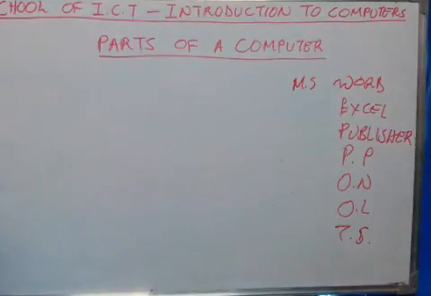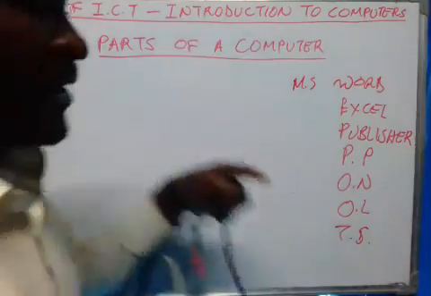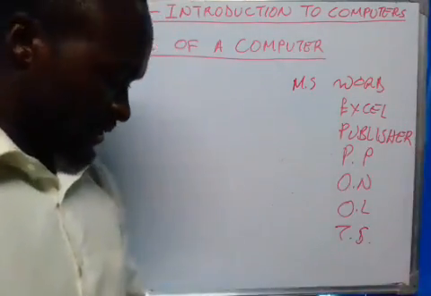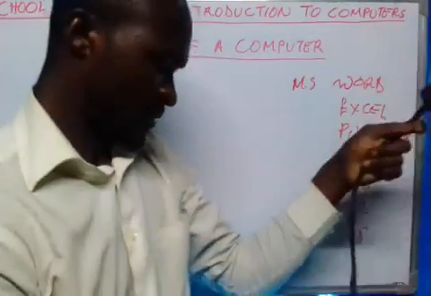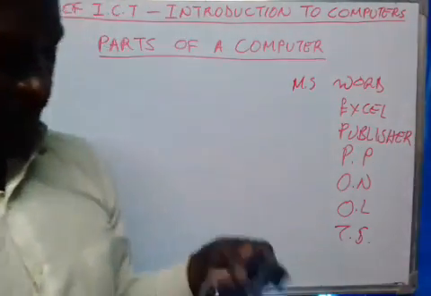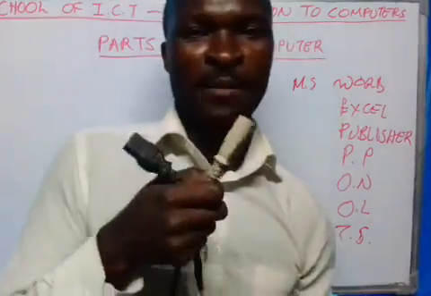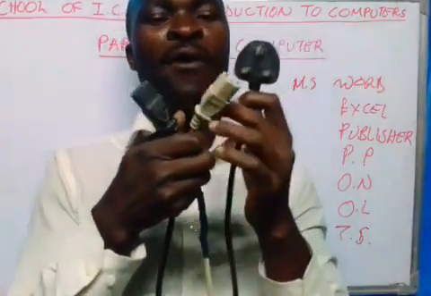Okay, let me show you also another part or component of the computer. Another of the cables. If you see this cable, I have this cable. We call it the power cable.